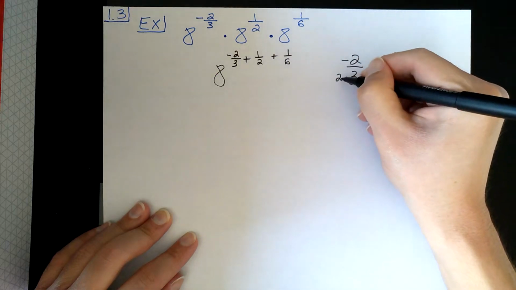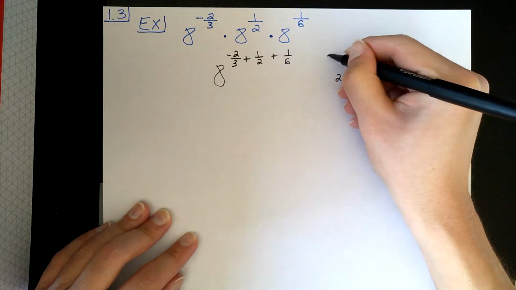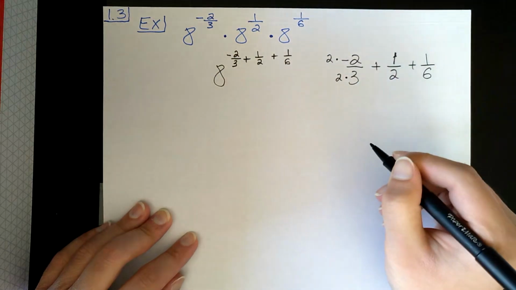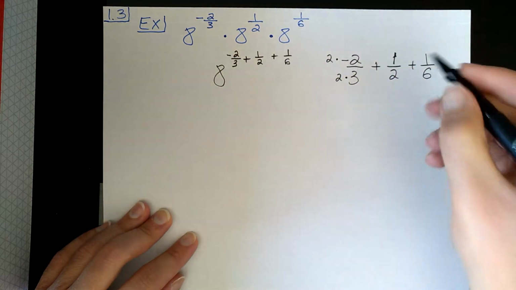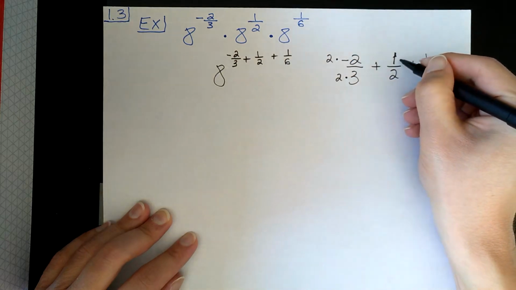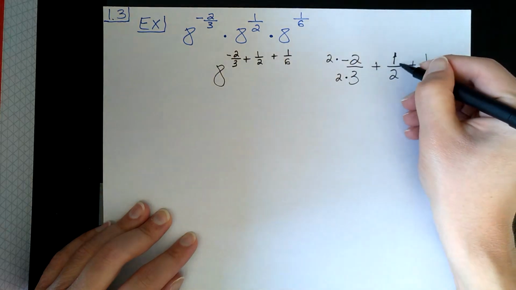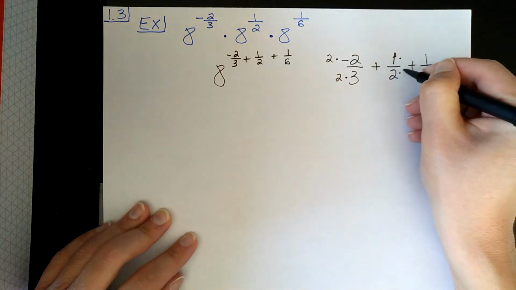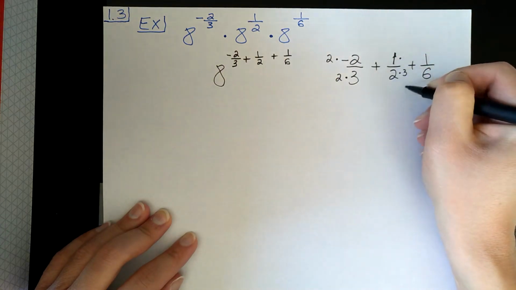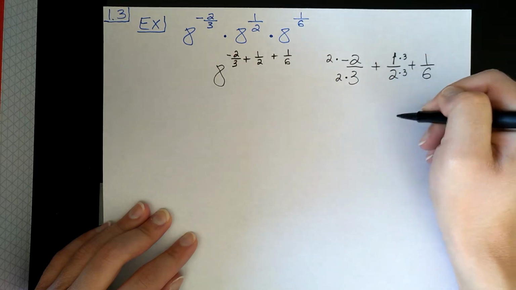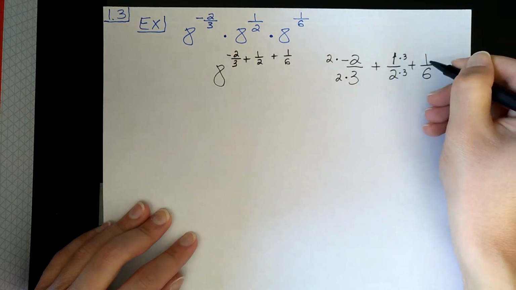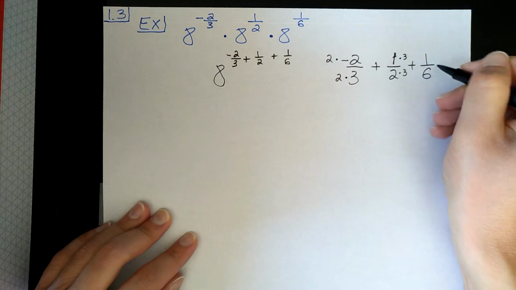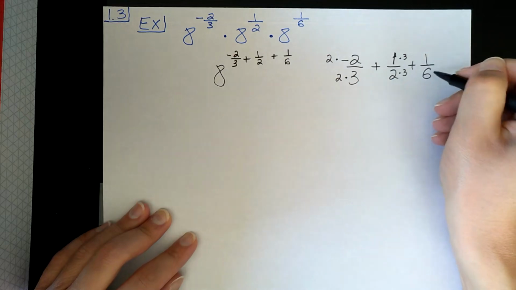And when I multiply it to the denominator, I have to multiply it to the numerator as well. The same thing is going to happen here. We are going to multiply the top and bottom by a 3 to change this 2 to a 6. And over here, this last fraction does not need to be multiplied by anything because we already have a 6 there.